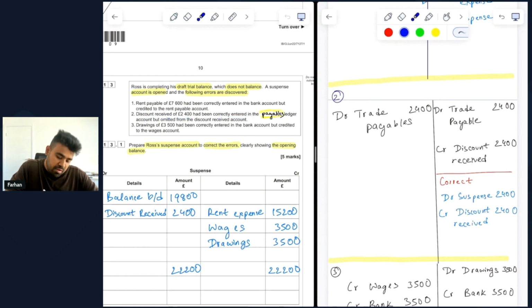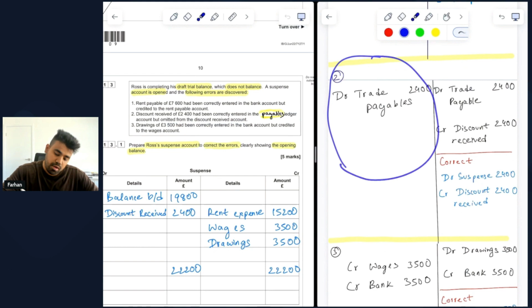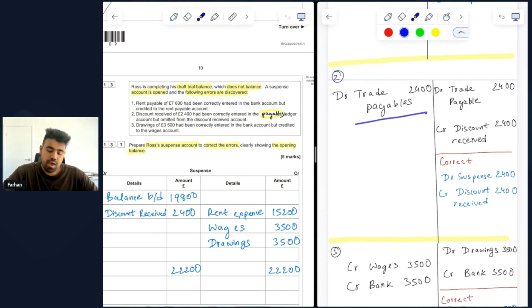Okay, but omitted from the discount received account. As you can see on the left-hand side here, what happened was that they have debited trade payables by £2,400. How do we know they have done it? The first line says discount received of £2,400 had been correctly entered in the payables ledger. This is the payables ledger where the trade payables total can be calculated, and any transactions or payments relevant to credit purchases have been included.